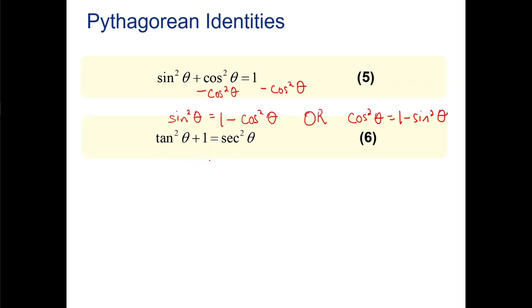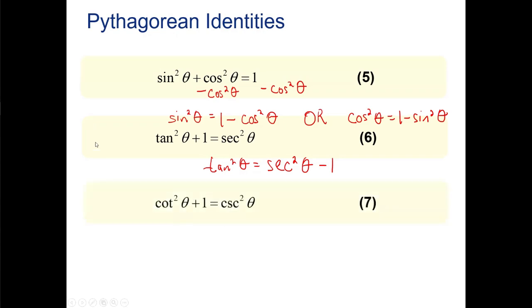And then, of course, tangent squared of theta must also be equal to the secant squared of theta minus 1. Or any reworking of this equation, we could balance it however we want.